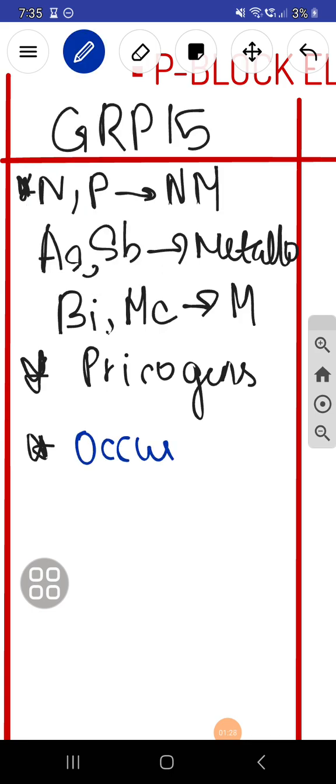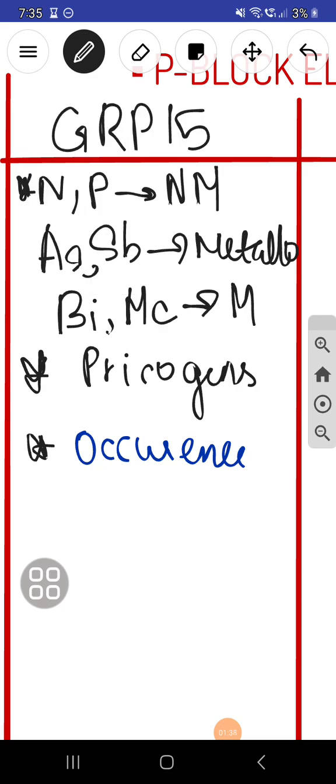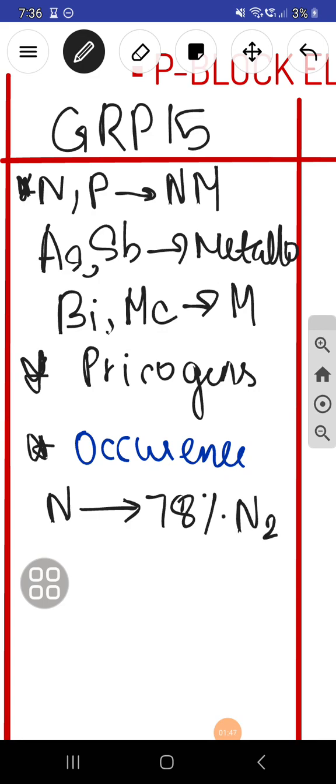So first, what we have to discuss about occurrence is the first member, nitrogen. It is present as N2 gas, which is 78% of the atmosphere.